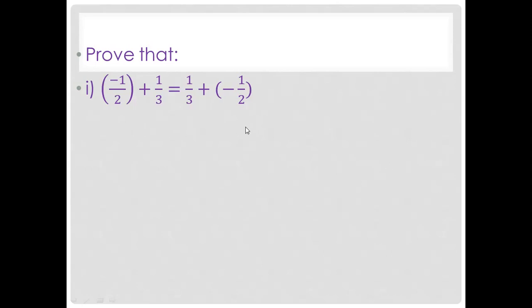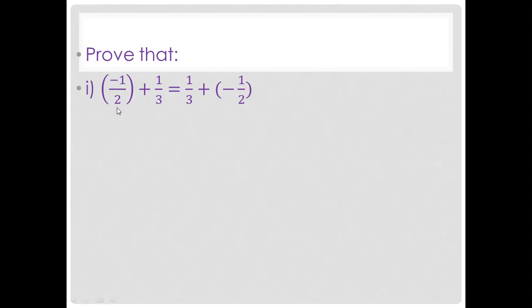If you know the definition, that if you have two rational numbers, addition between them, if you change the order, the answer will remain same, the values will be same, just the order will be changed. So you can easily identify that this is the commutative property of rational numbers with respect to addition.